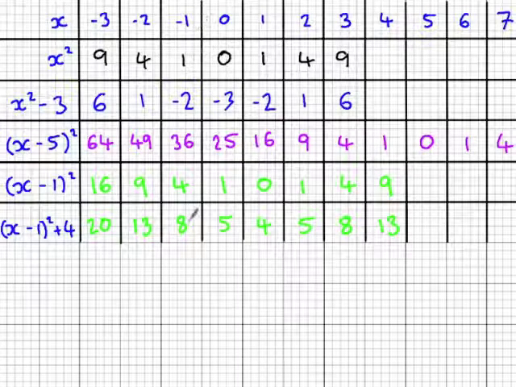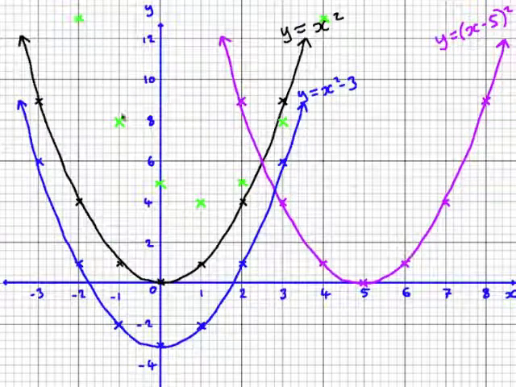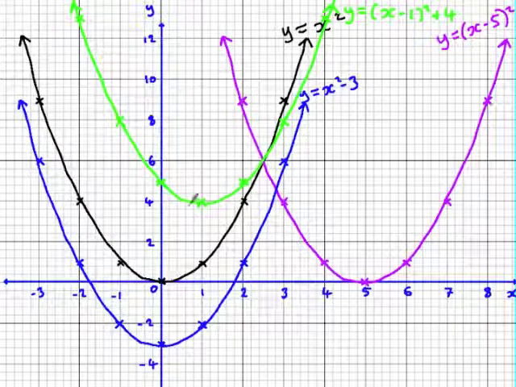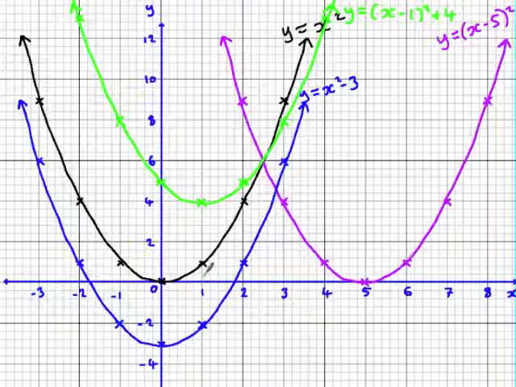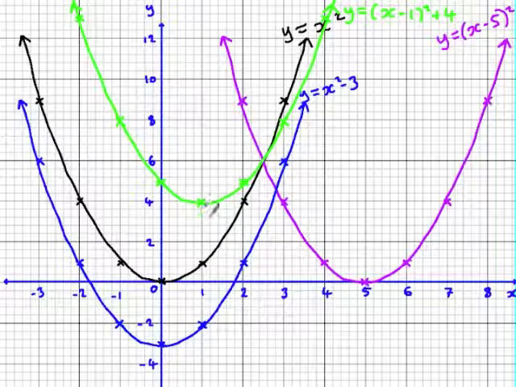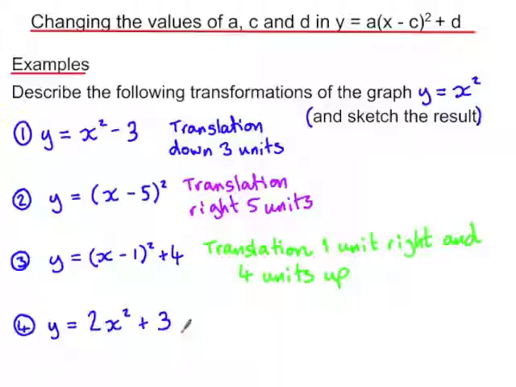So -1, 8, 0, 5, and draw a smooth curve through the points. And you can see that this transformation is also a translation from the original, 1 unit to the right and 4 units vertically upwards.